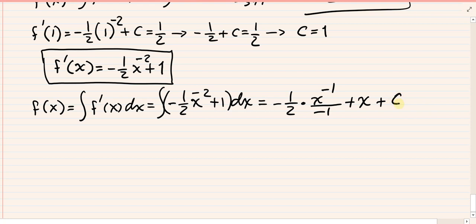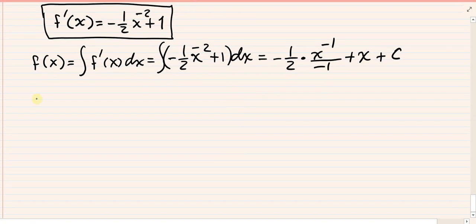And that's what this one is. Therefore, f of x is going to be, negative times negative is positive, 1 over 2x plus x plus a constant. Now, again, we have a family of antiderivatives. True. And what we need to do now is we need to work the initial value problems.